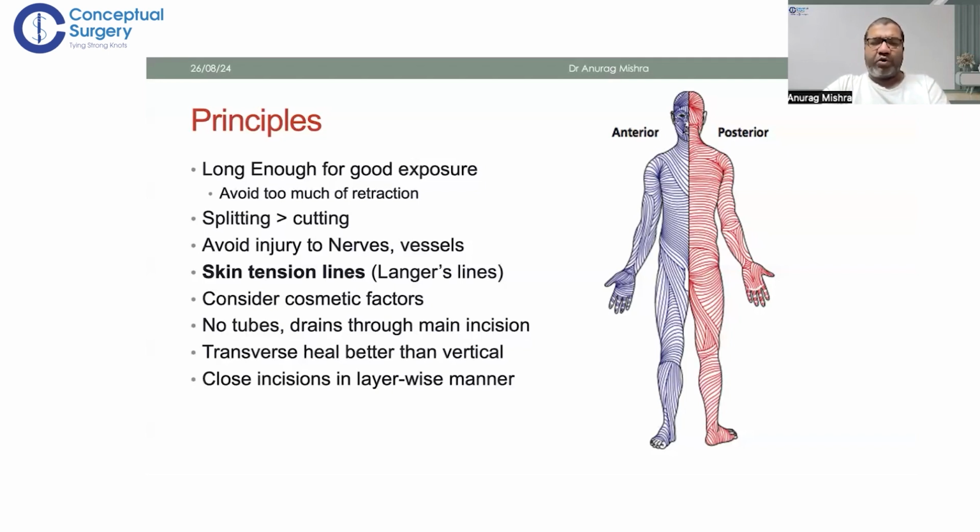One important point is when we give an incision, and let's say in the surgery, we need to put some tubes or drains in the post-operative period. Please never put anything out through the main incision site. No stoma, no drains, no foreign body should be placed through the main incision. Try to make a separate opening and then bring it out.